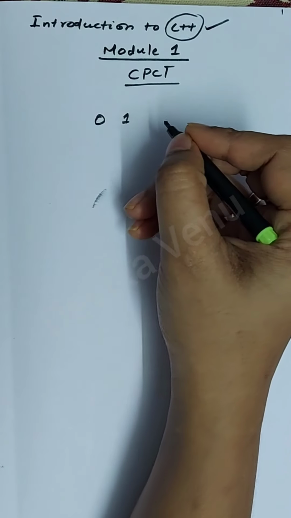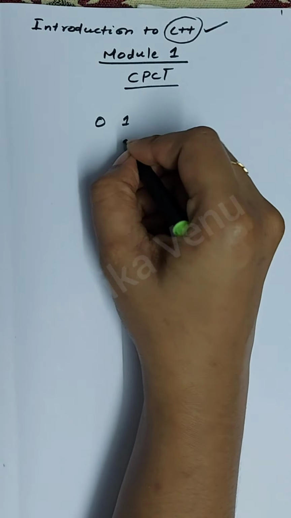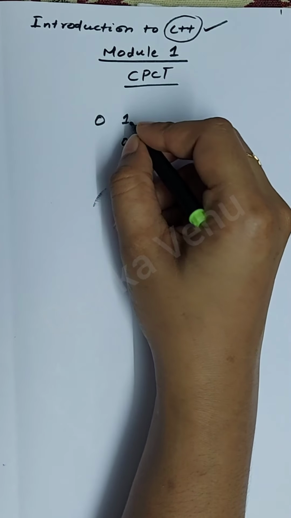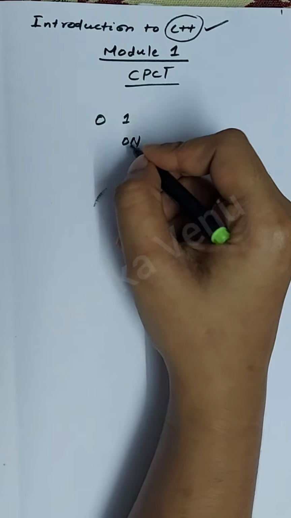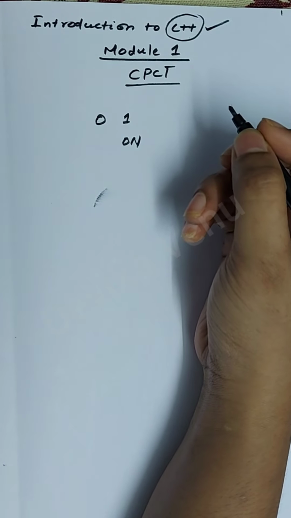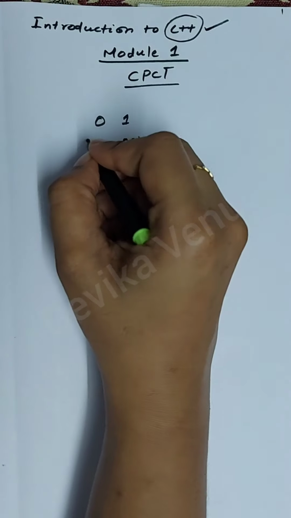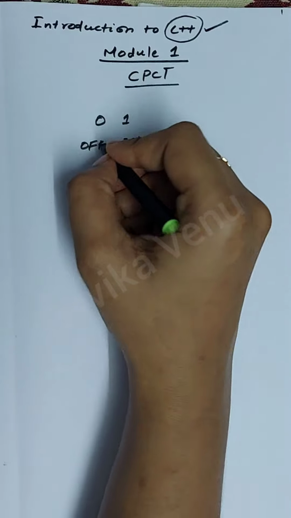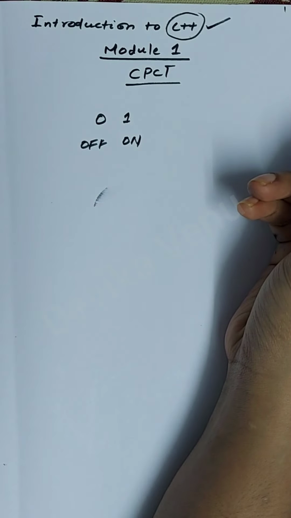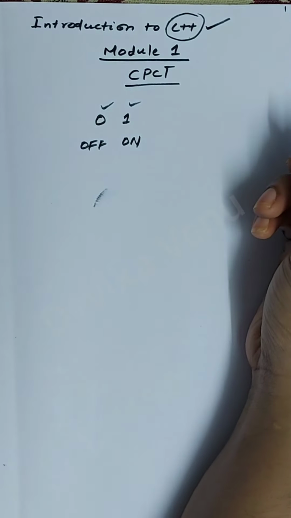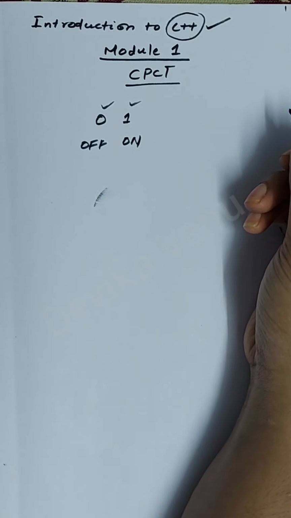When we switch on, the machine takes that as a number, that is 1. And if I don't need the fan, I switch off the fan. So off is given 0. These are the two numbers which a machine understands.